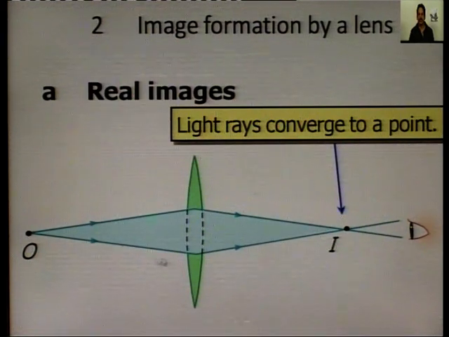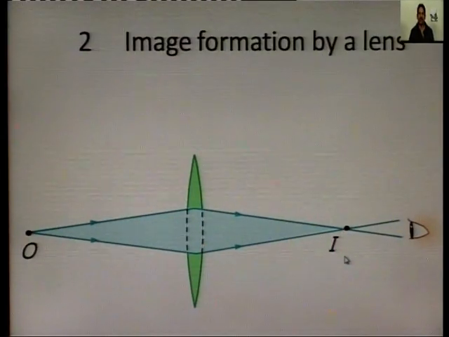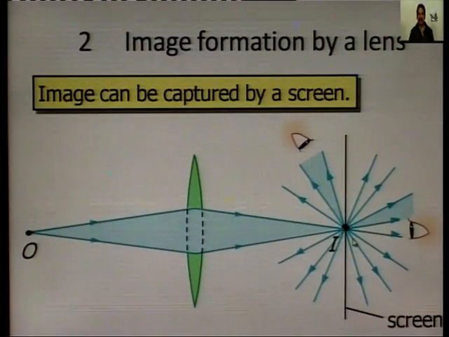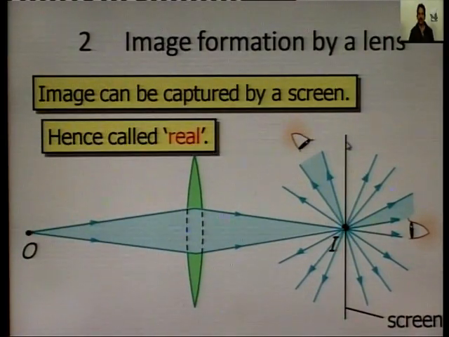So, when the rays of light after refraction from a lens actually meet at a point, the image formed is called a real image, as this image can be captured by a screen. So, if you place a screen over here, you can see this image on the screen. So, the image can be captured by a screen, and hence this image is called a real image.